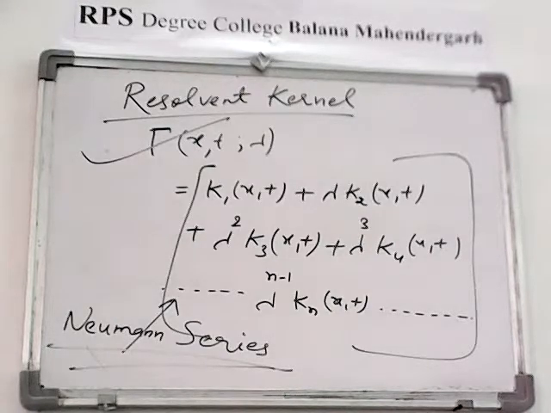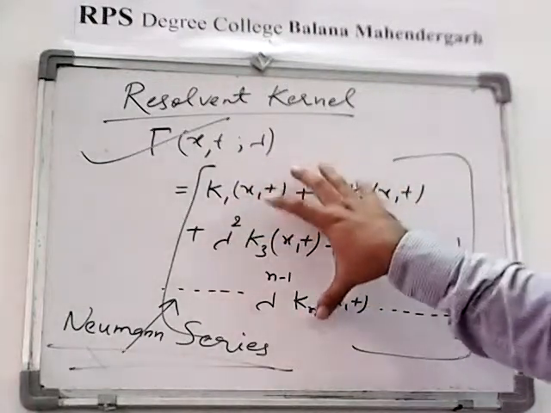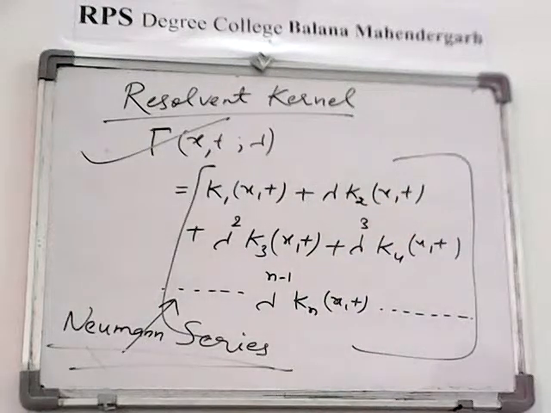If we want to find out the resolvent kernel, then there is a need to find out the iterated kernels K1, K2, K3, K4, and so on. In a similar manner, we can find out K_n. When we put the values of K1, K2, K3 in this series, after simplification we will get the resolvent kernel.